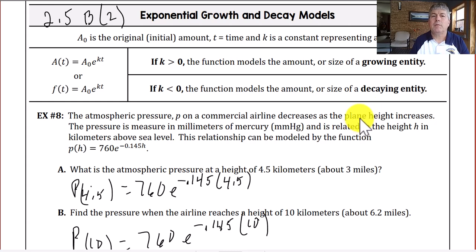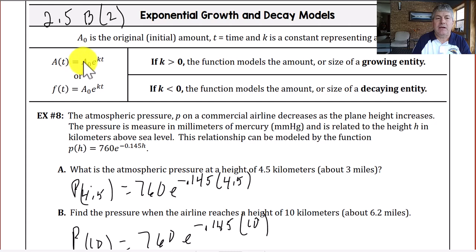Welcome back. The objectives of this video are to explore exponential growth and decay models, including things like half-life and a compound interest formula. Exponential growth and decay models will follow the format we see here on the left.